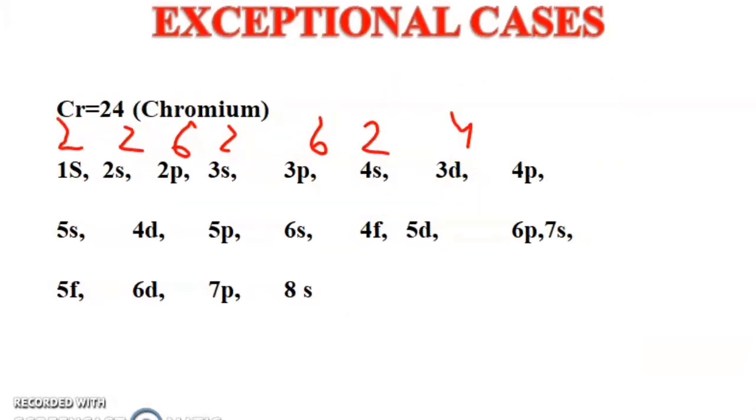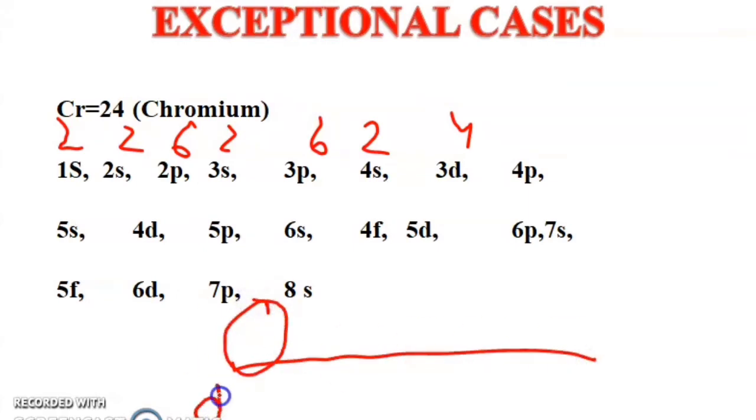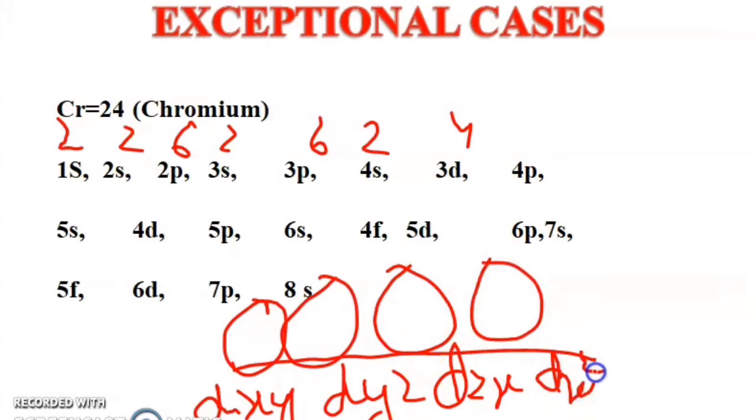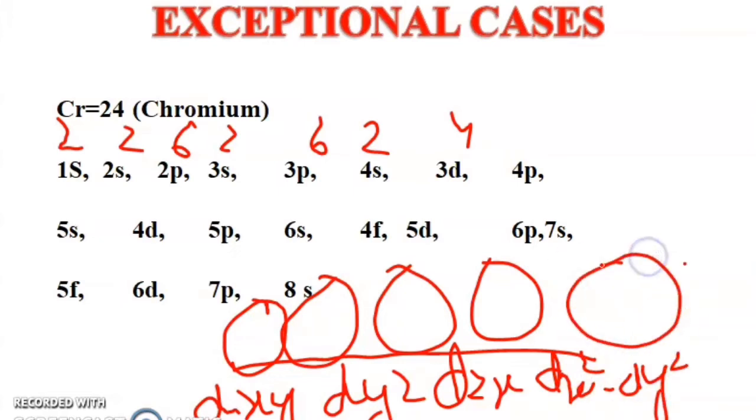We know that the d orbital shows 5 orientations. Number 1, dxy, 2 is dyz, number 3 dzx, number 4 dx square minus dy square, and number 5 dz square.